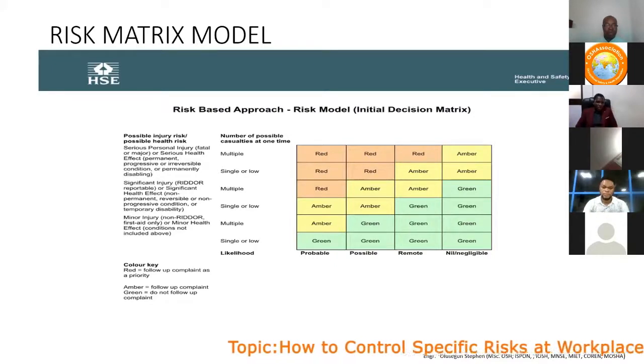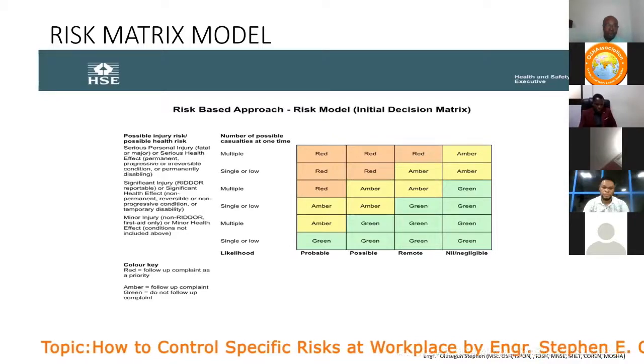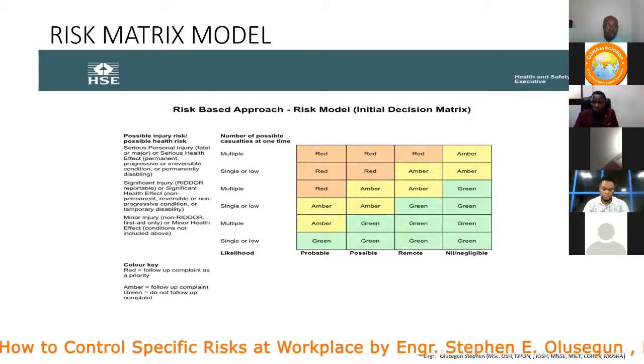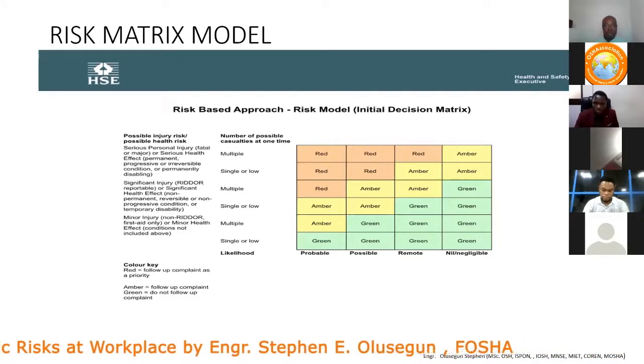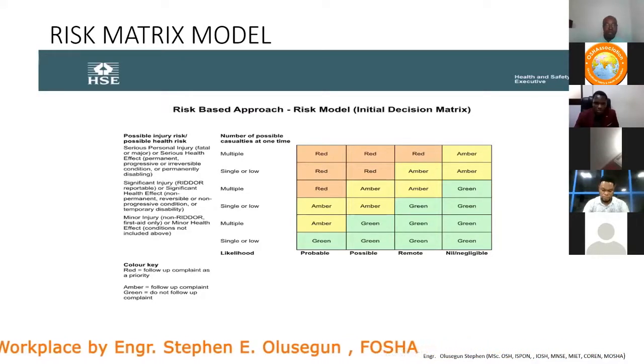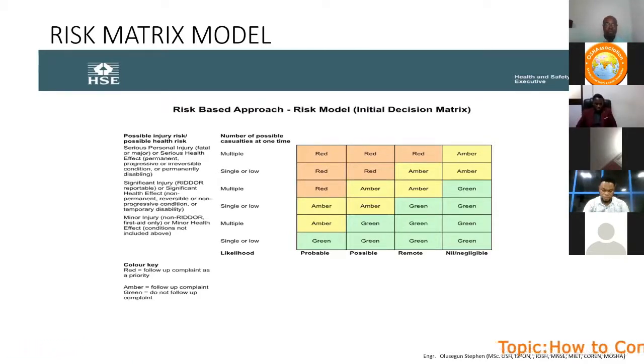It might even cause permanent or irreversible or non-reversible progressive condition to such a person, or disability. When we now say a minor injury, we mean probably it does not need to be reported to the regulatory authority. It could be in the first aid region or a minor health effect, a condition not included in serious personal injury or significant injury.